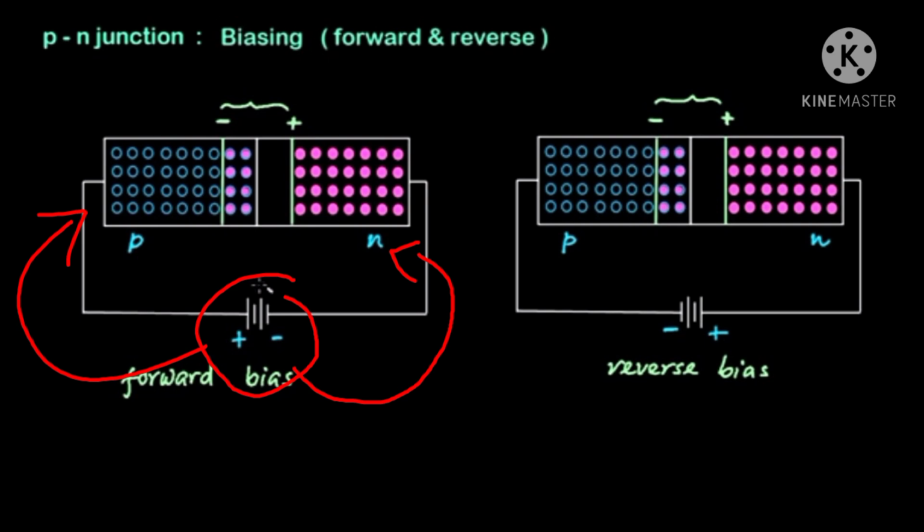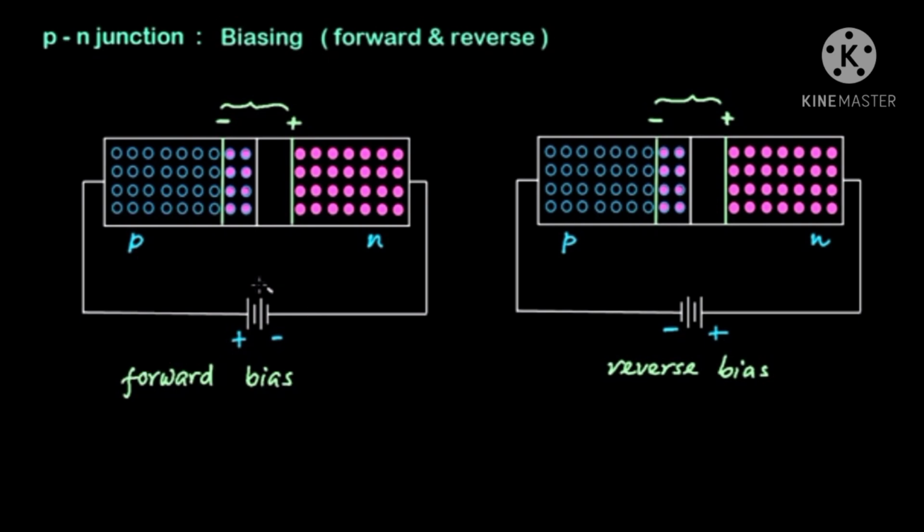See in this picture carefully the terminals of the battery. In forward bias, the positive terminal of the battery is connected to the P region and the negative terminal is connected to the N region. In the reverse bias diagram, the negative terminal of the battery is connected to the P region and the positive terminal is connected to the N region. Means the battery is reversed.